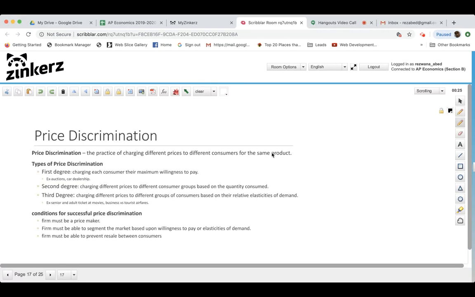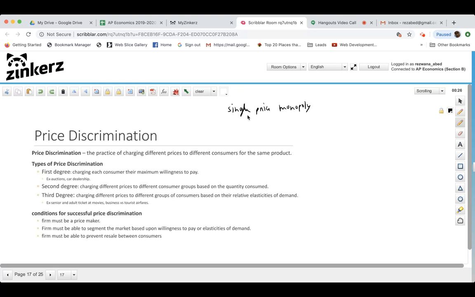All right, so now we have this idea of price discrimination. So far, when we have been talking about monopoly, we have made an assumption that we are talking about a single price monopoly. A single price monopoly is when the monopoly charges the same price to different consumers for the same product.